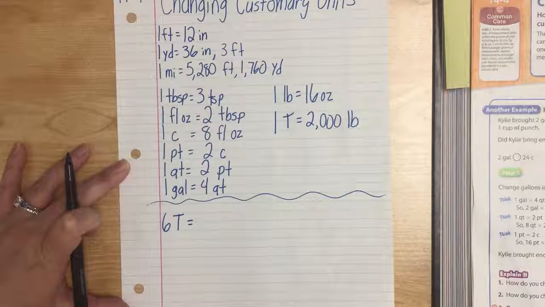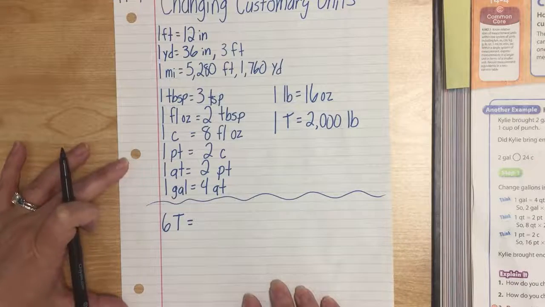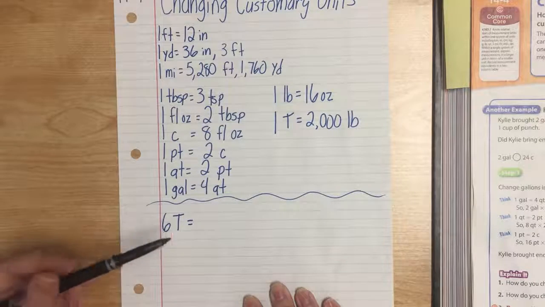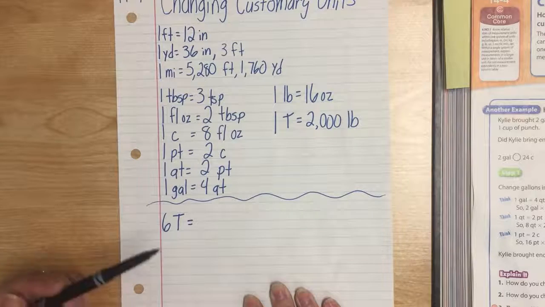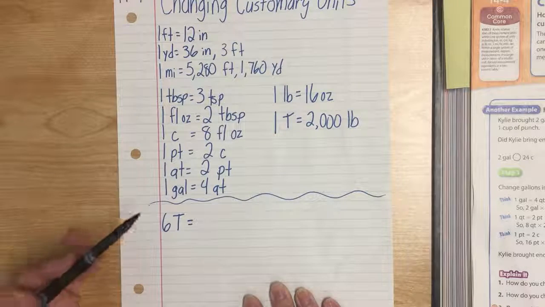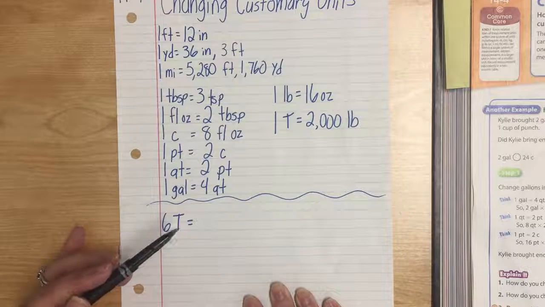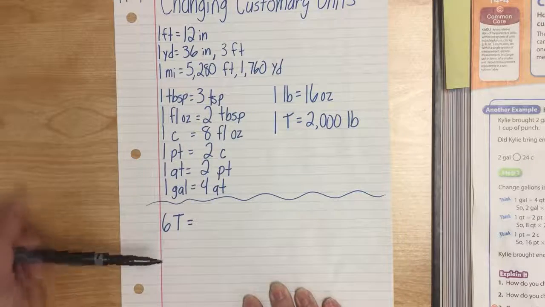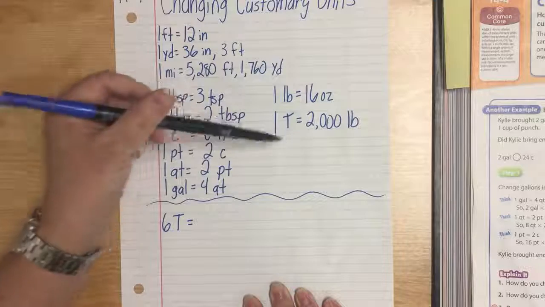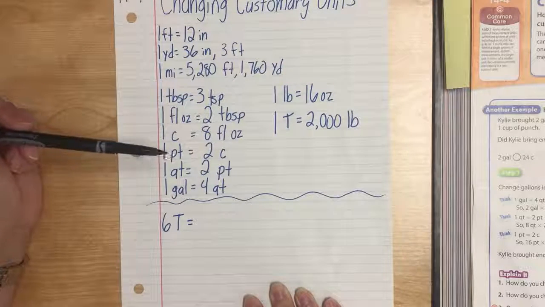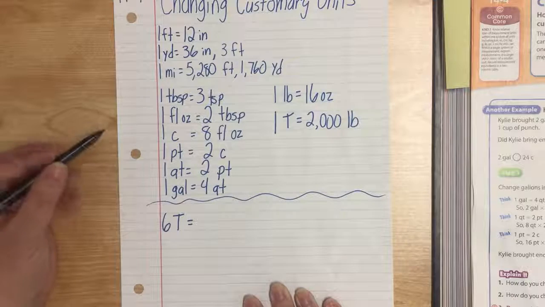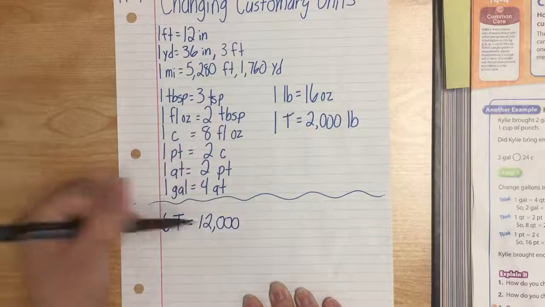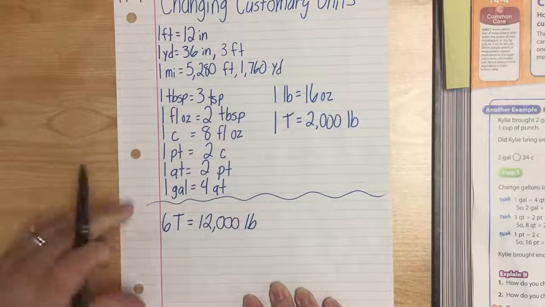Multiply. 1 ton is 2,000, meaning 2 tons would be 4,000, 3 tons would be 6,000, 4 tons, 8,000. We're just skip counting by 2. So I'm going to do 6 times 2 and add a bunch of zeros after it, because that's my rule of multiplying with zeros. So 6 tons would be 12,000 pounds.